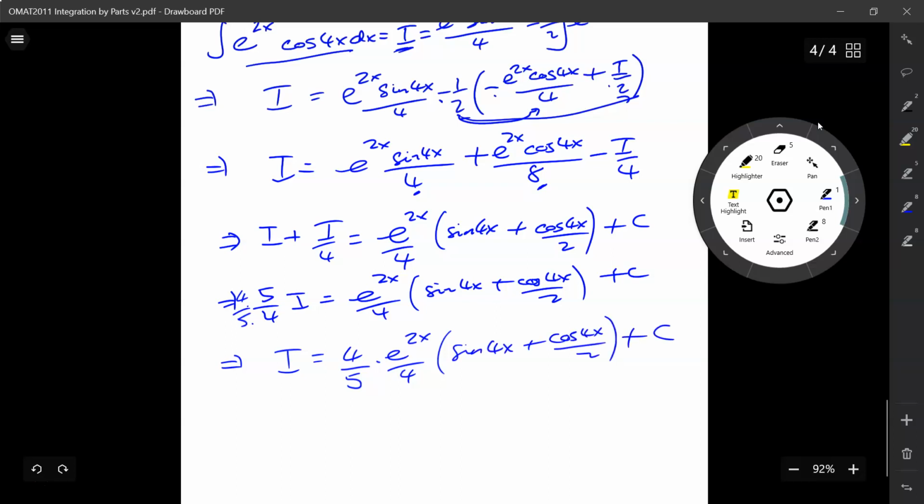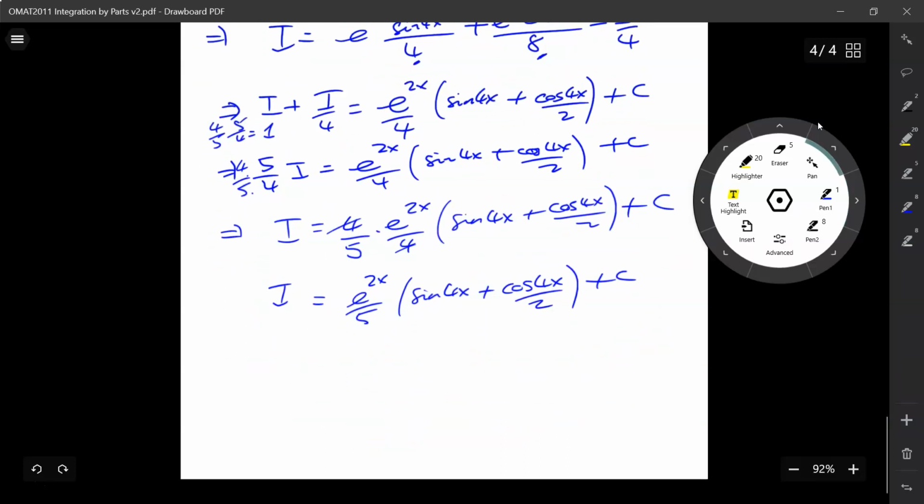When I say it disappears, it's 4/5 multiplied by 5/4, so it just gets 1. This tells me that I is, the 4's cancel, exponential 2x over 5 times sine 4x plus cosine 4x over 2 plus c.